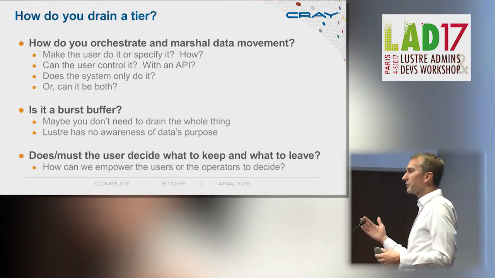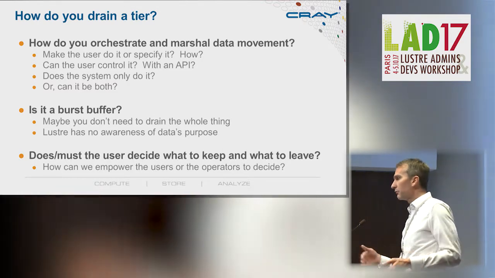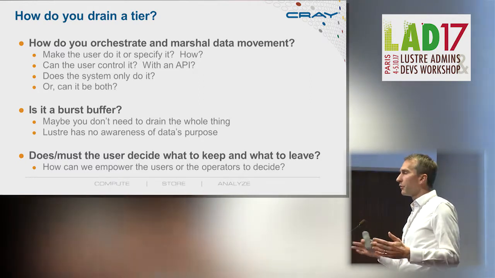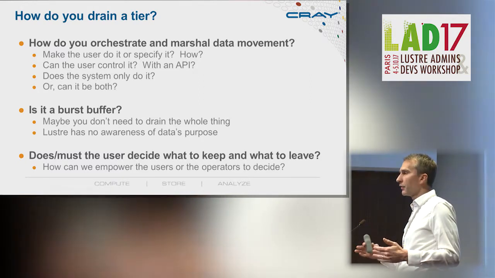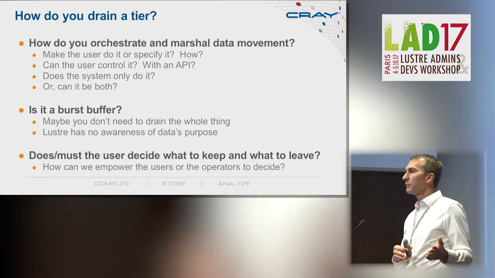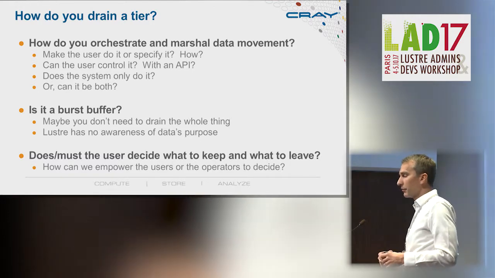Maybe you've got 10 checkpoint restarts and you've persisted 3 of them. You're probably fine, right? But yet Lustre has no awareness of the data that's there, what its purpose is. It has no way to know what needs to be persisted and what doesn't need to be persisted. So again, I think we need to invent some way to think about that.